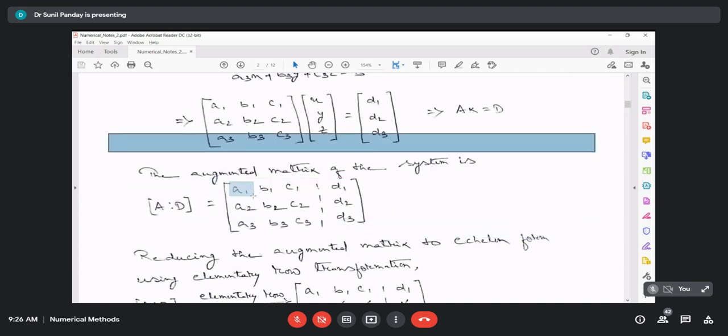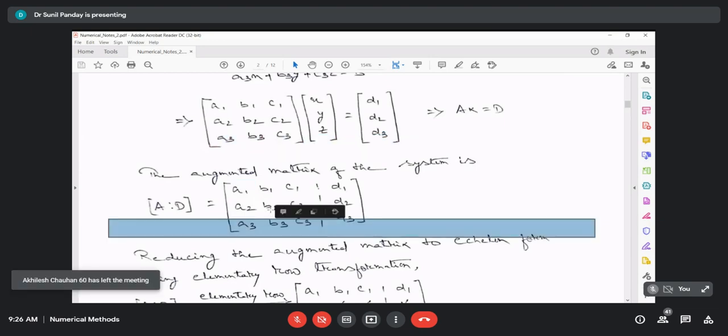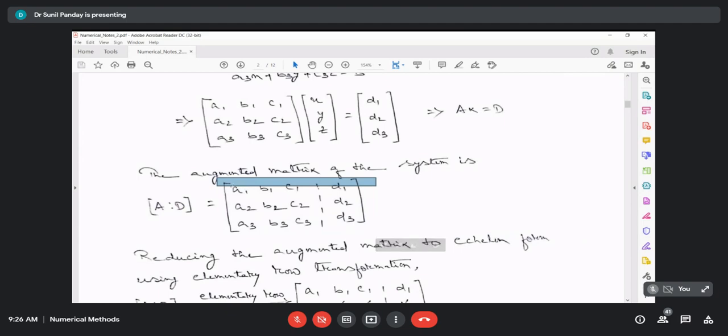This is our A11 entry. If we assume this is a matrix, then A11 equals a1, A12 equals b1, A13 equals c1, and A14 equals d1.